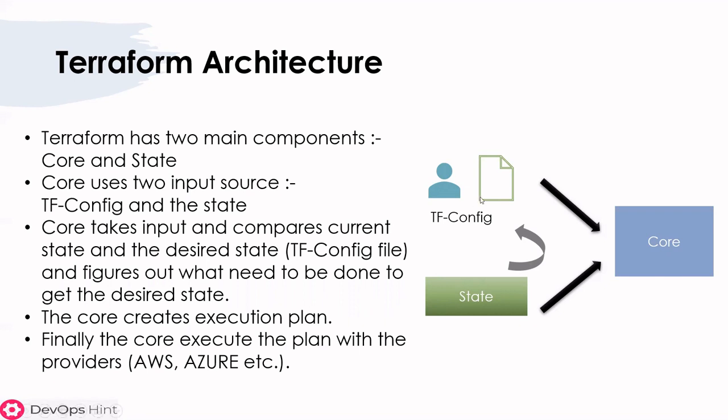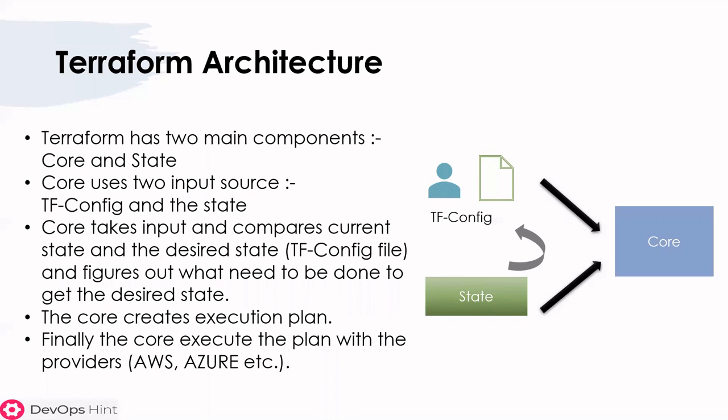If you want two EC2 instances, two VPCs, one S3 bucket, you need to mention that requirement as the end output. Then we have the state. In the state, you get the current infrastructure of your environment.